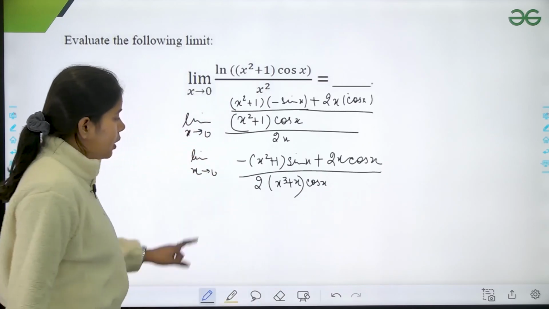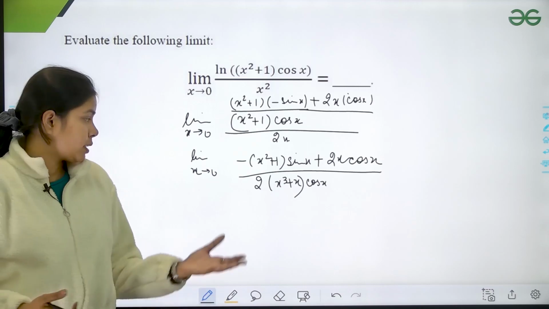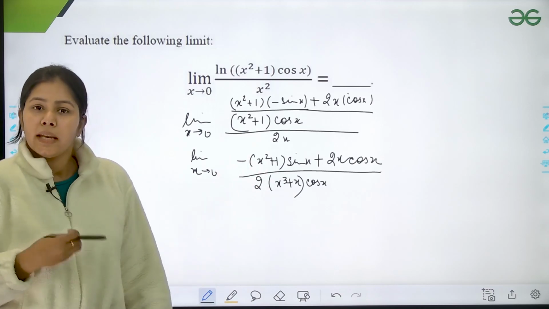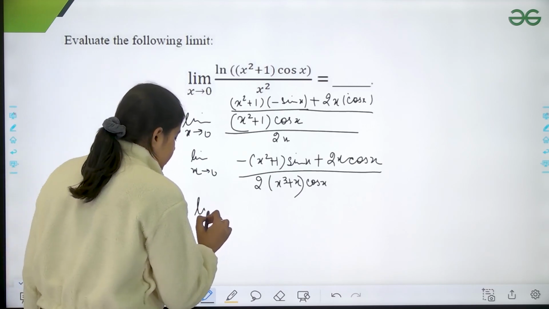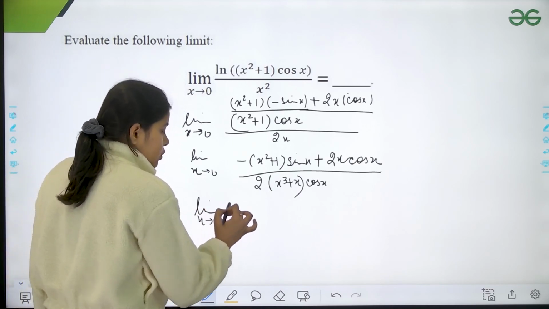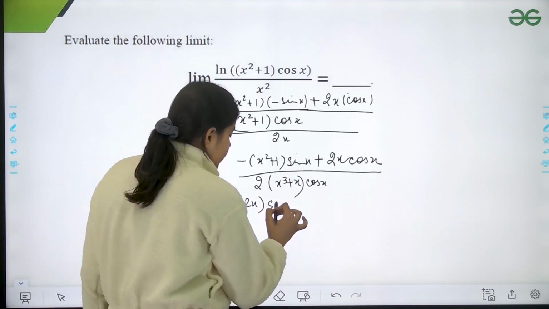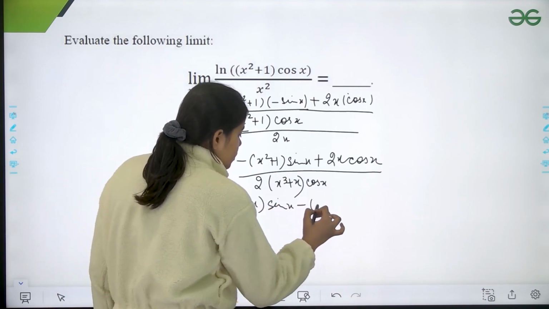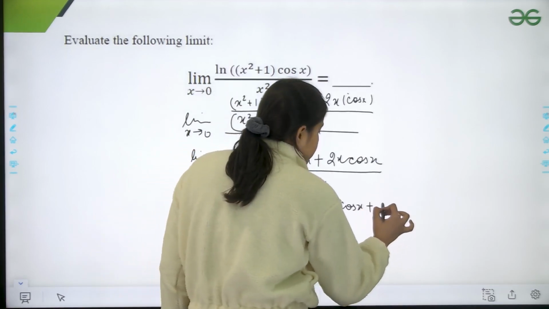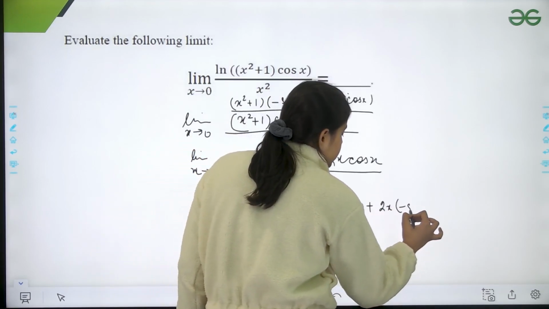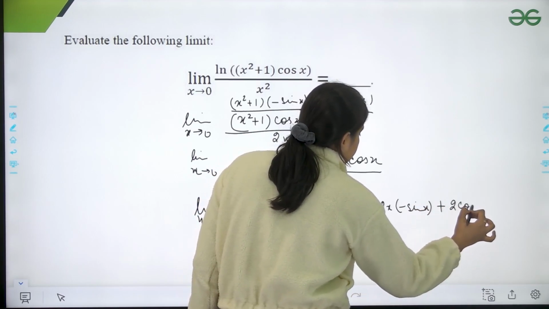Let's put x as 0. If I put 0 again, I'll get the 0 by 0 form. If I'm getting the 0 by 0 form, that means I have to apply L'Hopital's rule again, because that is again an indeterminate form. So let's do that. Limit x approaches 0, minus, as it is, the differentiation of x square plus 1 is 2x, and then we have sin x, minus of x square plus 1, the differentiation of sin x is cos x, then 2x as it is, the differentiation of cos x is minus sin x, and the differentiation of x is 1.